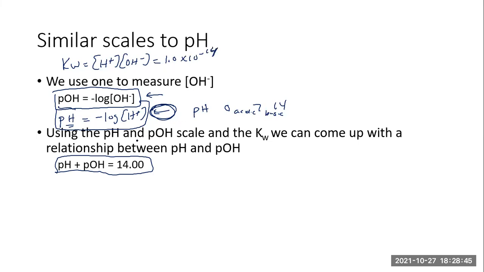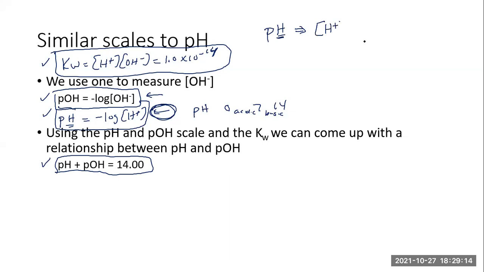Now, there are two more sets of calculations that are very useful that we can add to our list. We have our Kw, our pOH or pH, and the relationship between those. Now, if you are given the pH value, you can get the actual H+ concentration from that.